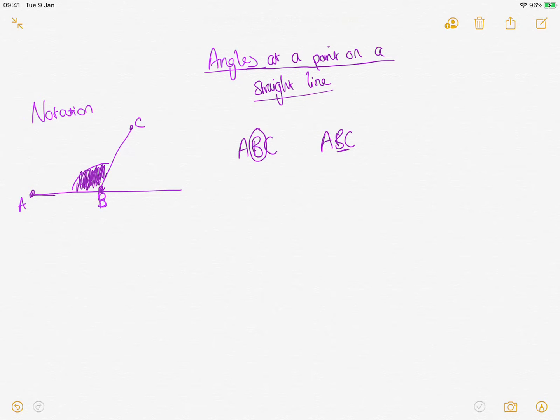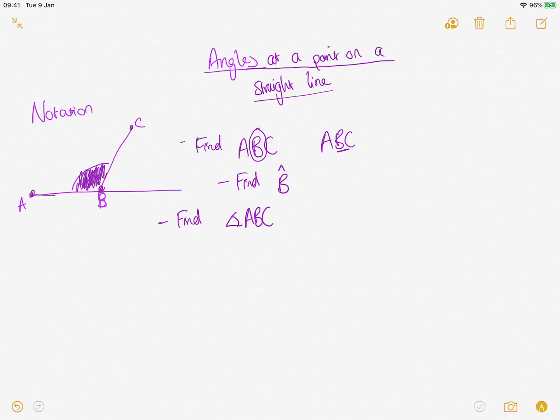Another way you might be asked for it is just B and then a little angle sign over it, like an arrow over the top of it. Another way they could ask for it is a little picture of an angle, then ABC. So any of these could just say find in front of them.